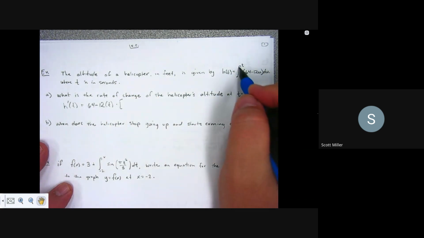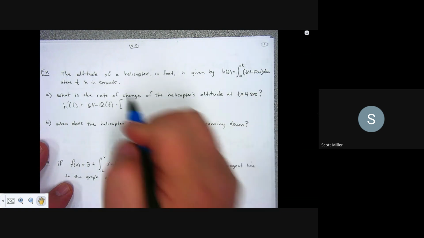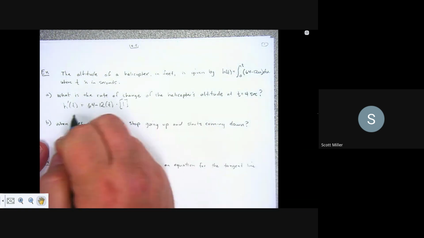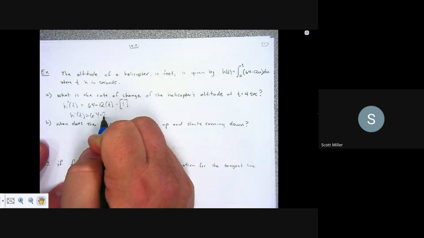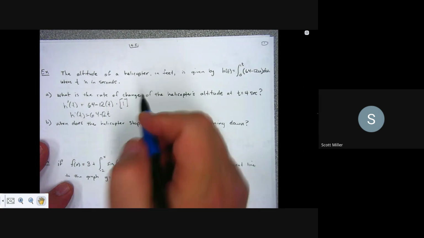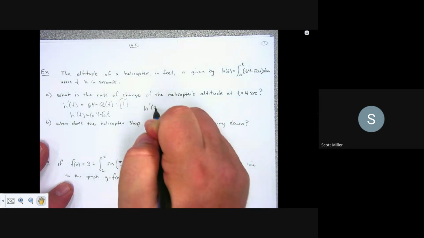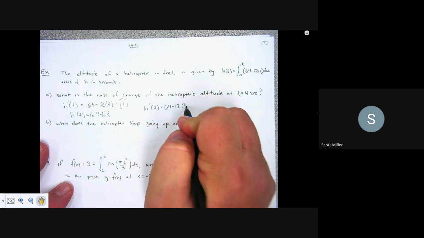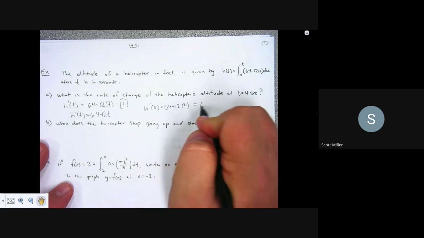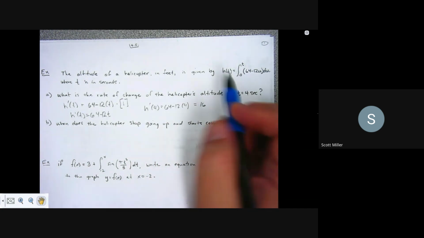Since this is a t, the derivative of t with respect to t is 1. So h prime of t is 64 minus 12t. And if I want to find h prime at 4, you simply plug in the 4, and you get 16.